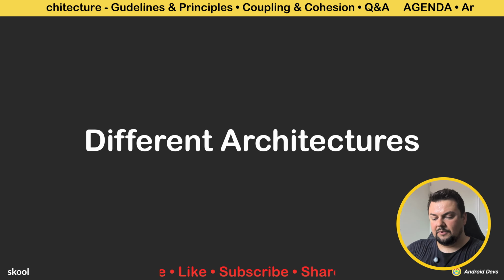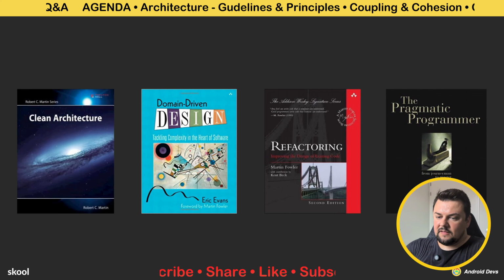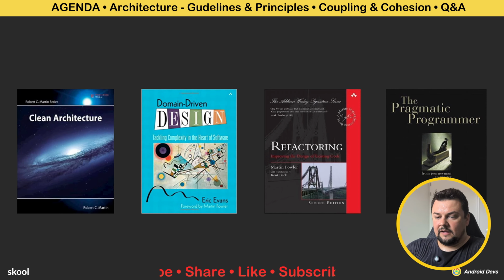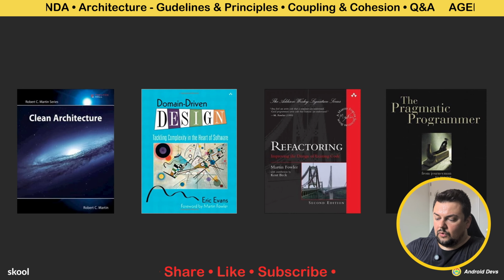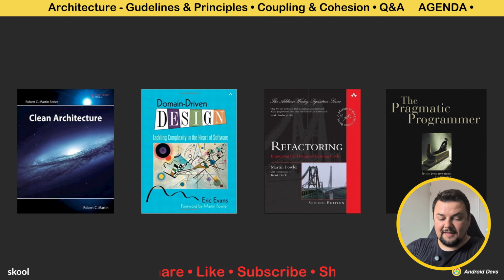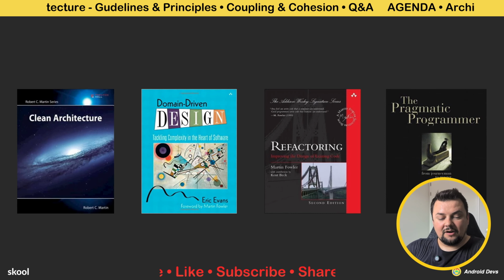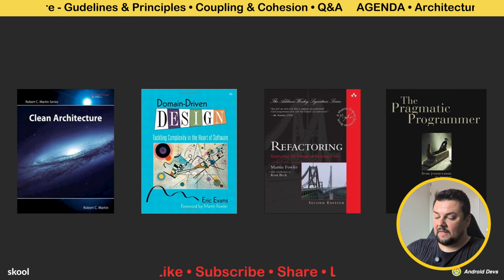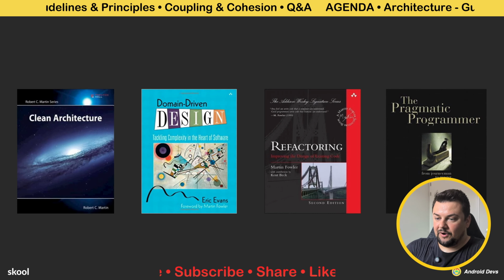Now, all these books talk about the principles or the guidelines that we can leverage when it comes to designing our software. And the thing is that all these books are also giving some examples to make a point.